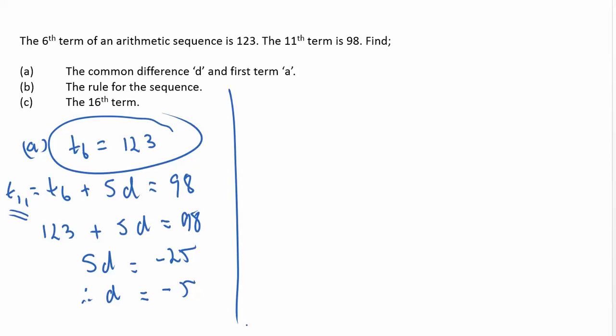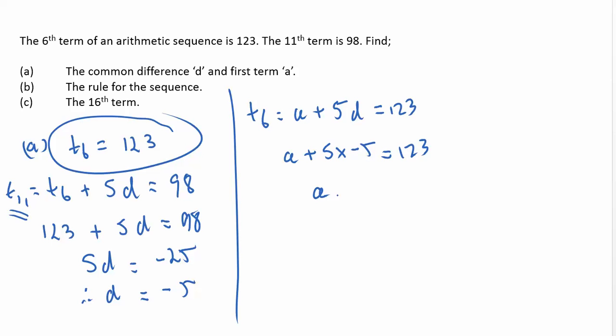Armed with the information about d, I can very readily go ahead and find out what a is. So it gives me 148.